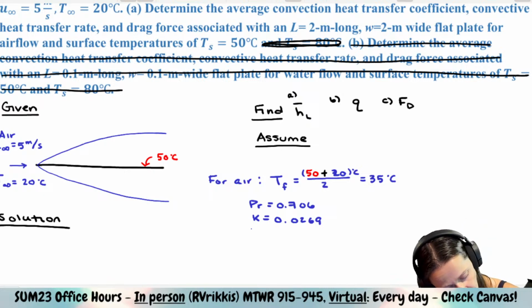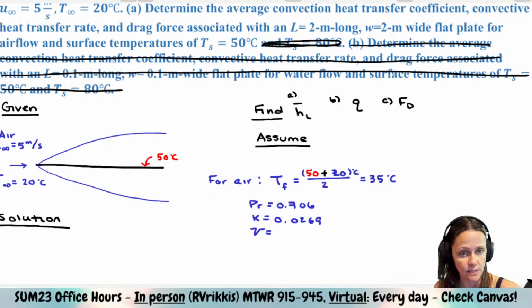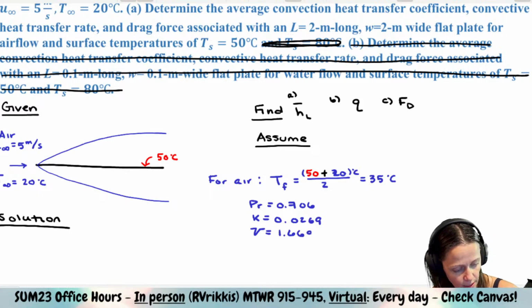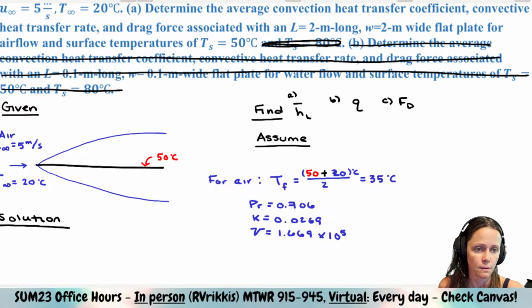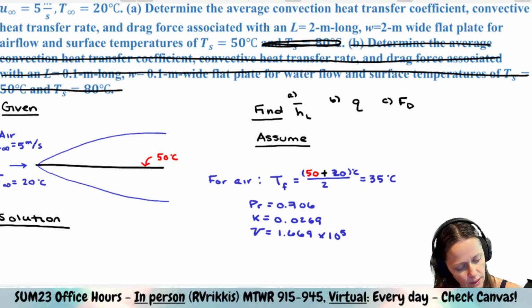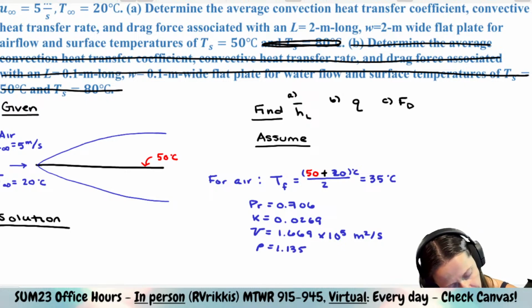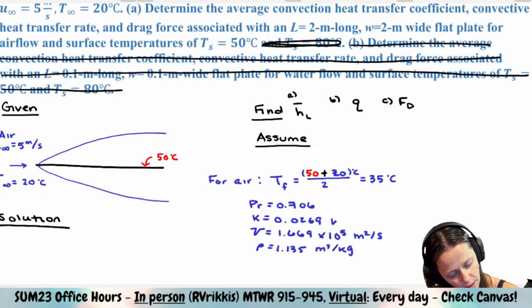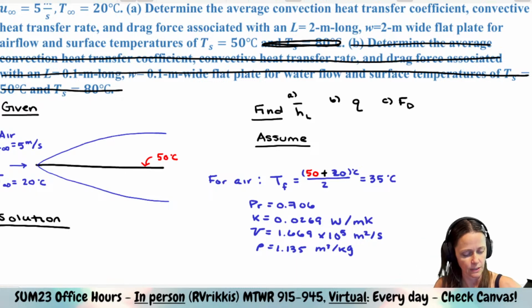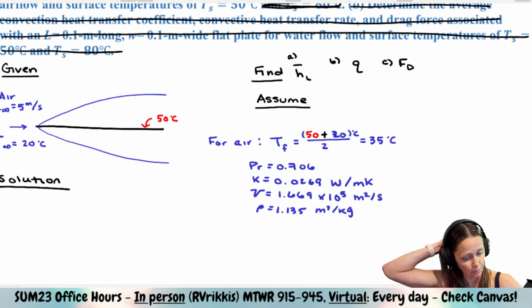I have a kinematic viscosity of 1.669 times 10 to the negative 5, and that's meters squared per second, and then I've got a density of 1.135 kilograms per meter cubed. There we go. So there are my properties.